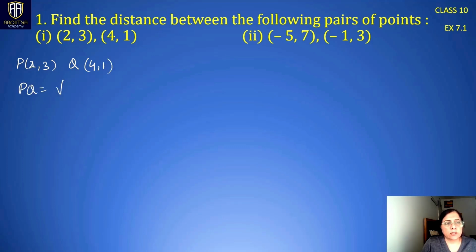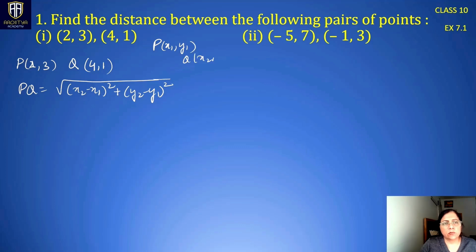Distance formula is given as the square root of (x2 minus x1) whole square plus (y2 minus y1) whole square, where P is point (x1, y1) and Q is point (x2, y2). Distance is given as PQ by this formula. So here (2, 3) is our P and (4, 1) is our Q. I'm simply putting these values in this formula.